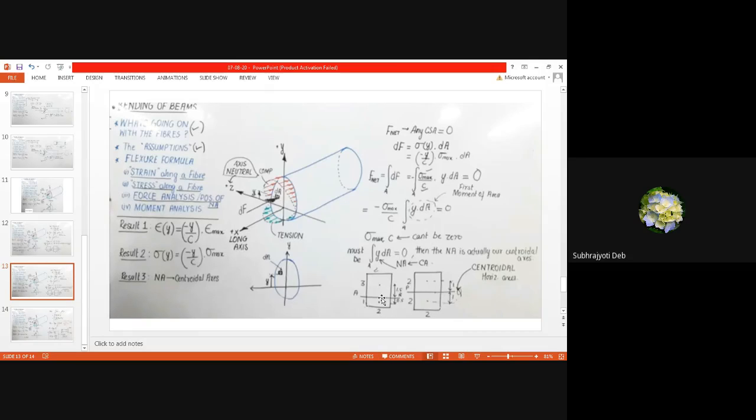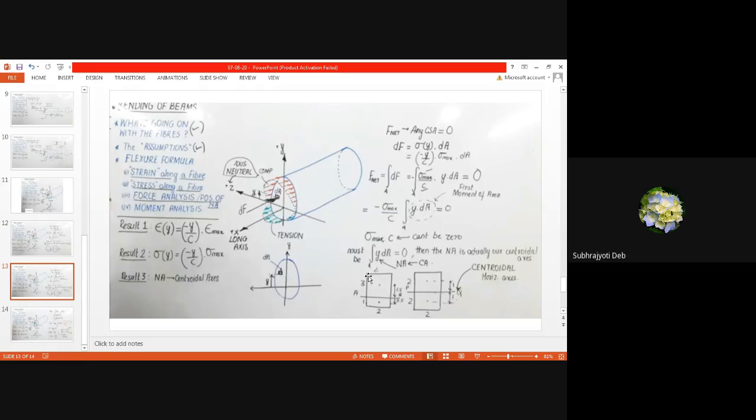We don't know where the centroidal axis is located, so I am giving you this conclusion: if your moment of area is equal to 0, then that position is your centroidal axis. So just arbitrarily, suppose we take a section here, AB. Below it the distance is 1 and above it is 3.